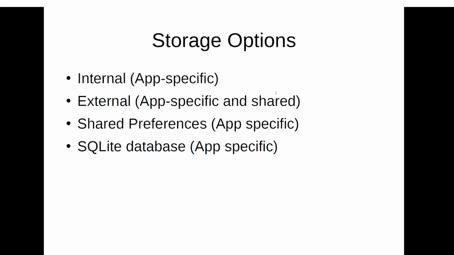Shared preferences is an abstraction built on top of your application's internal or private storage. And Android also provides a full-fledged relational database via SQLite, and this is available to all applications running on an Android device.